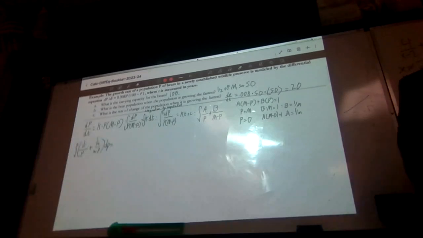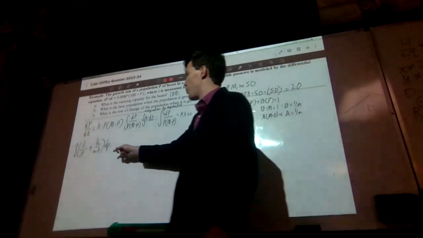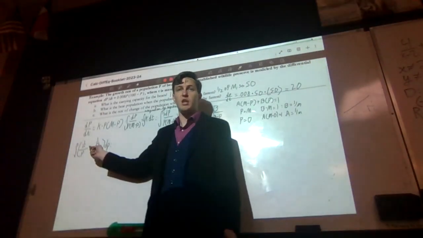Actually, before I do this, the 1 over m is kind of messing with me just a little bit. What can I do with 1 over m? Can I factor it out? Is m a variable or is it a number? M is just a number.